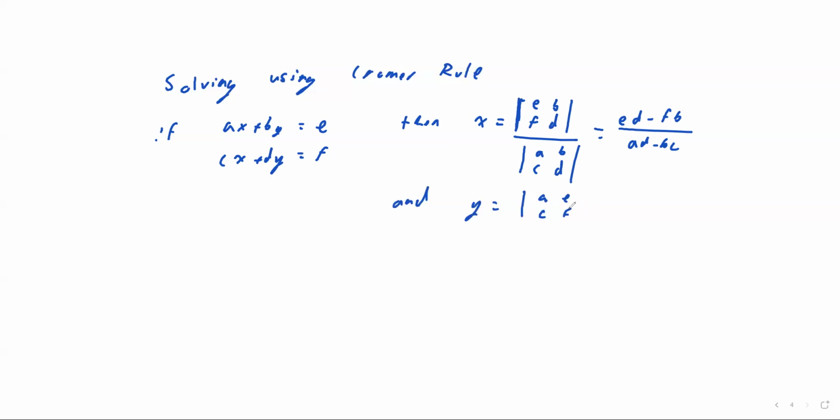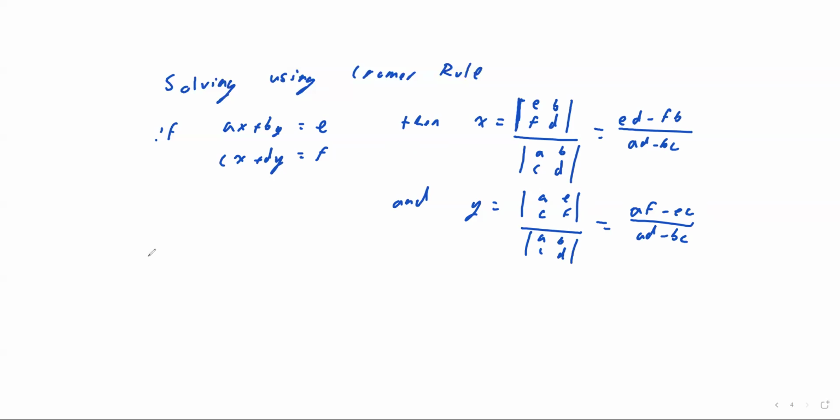Yep, okay. And then over the determinant without the solution, so that'd be A, B, C, D again, which basically just comes out as AF minus EC over AD minus BC. And then I would instantly have my answer. So using Cramer's rule, I can just do a little multiplication and subtraction, and I'm done, and I don't have to worry about using the matrix multiplication.